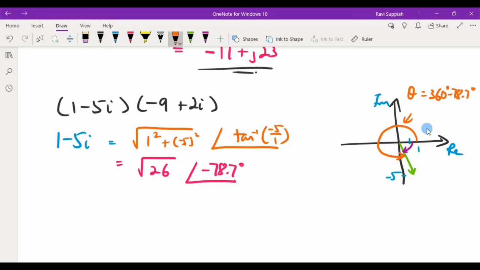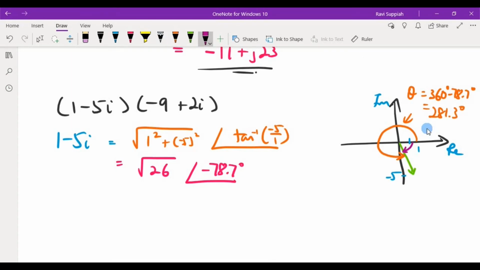So you must know where the complex number is going to lie, in which quadrant, and from there you must know how to find the correct theta that you're going to use for your calculation. In this case, the theta here is 281.3 degrees.